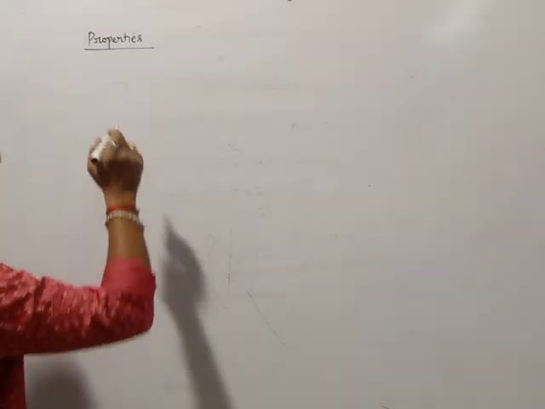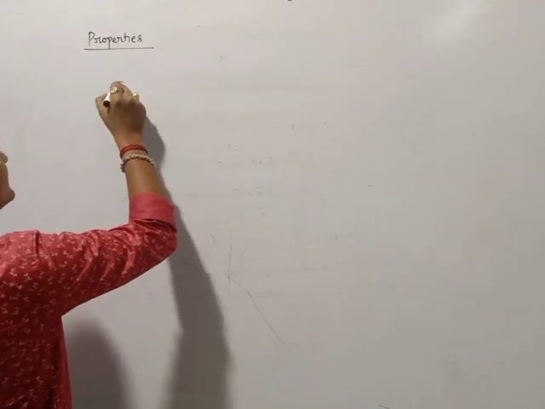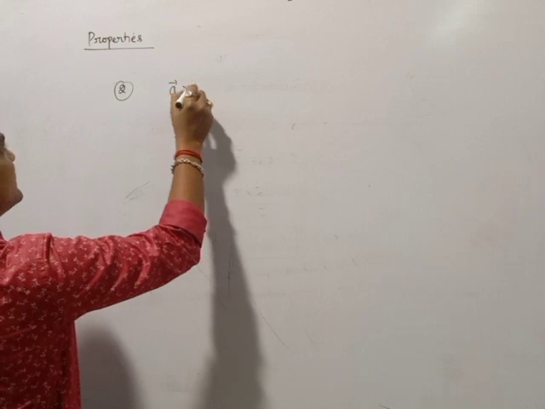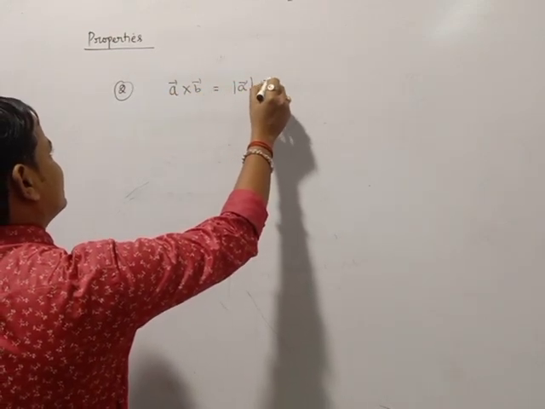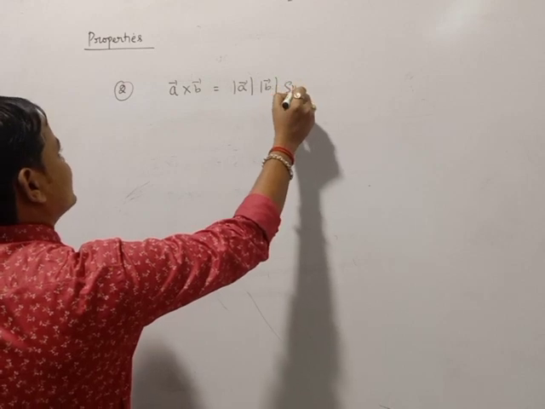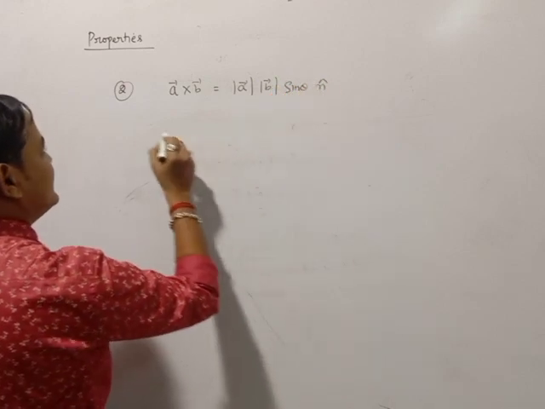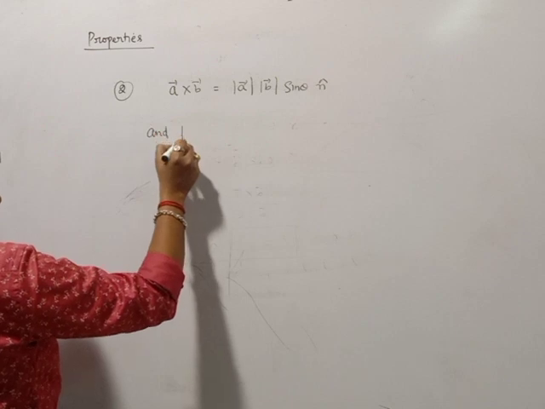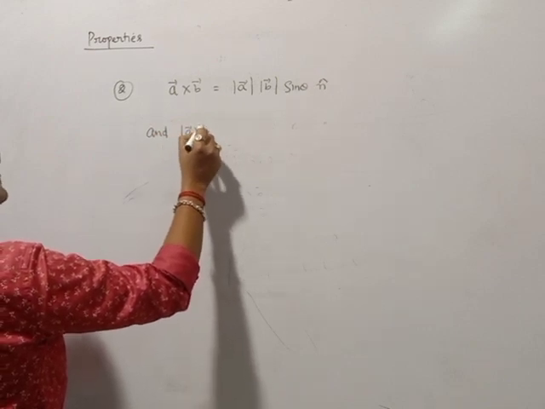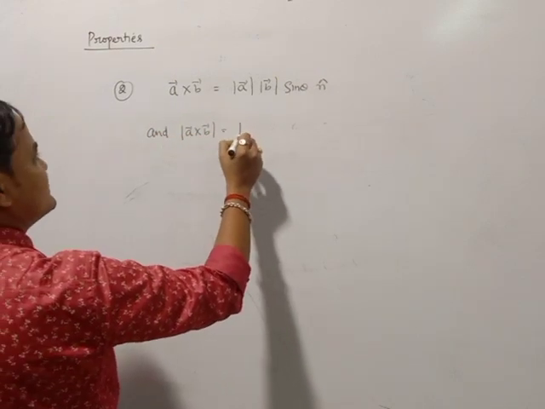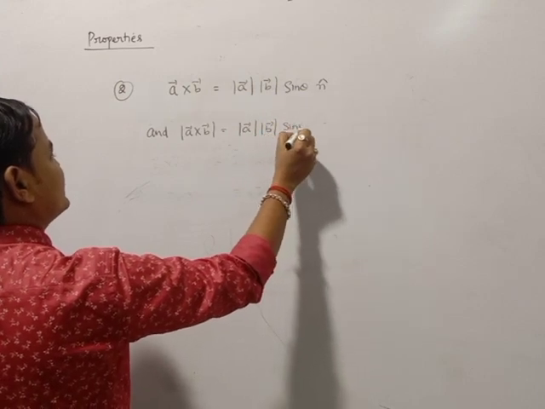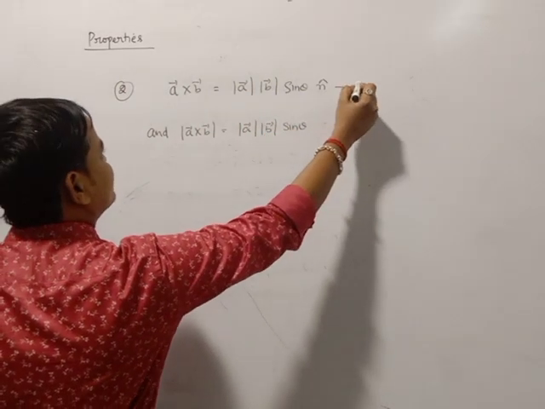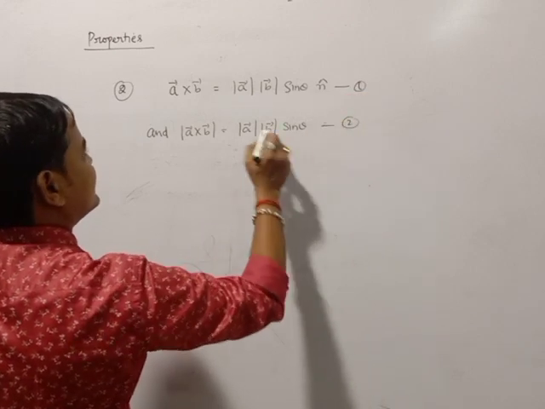Now the second point. See A bar cross B bar, what are you getting? That is equal to magnitude of A bar into magnitude of B bar into sin theta into n cap, and magnitude of A bar cross B bar is magnitude of A bar into magnitude of B bar into sin theta. From the first equation and this equation, you can substitute in this place.